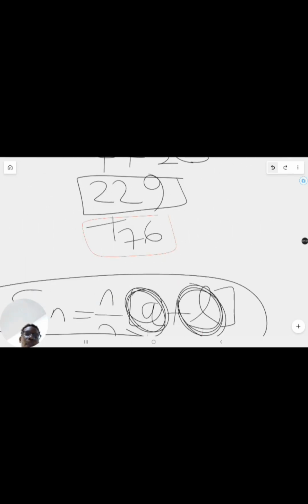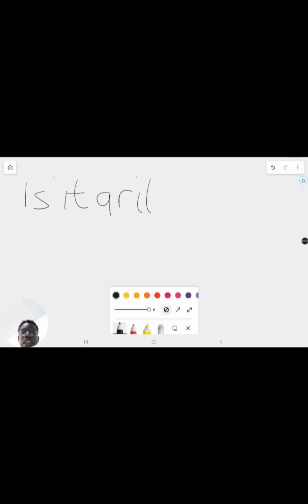Remember, just to recap quickly, the first thing you need to do is establish whether what you're dealing with is indeed arithmetic. Most of the time they will tell you that you're dealing with an arithmetic series or sequence. Sometimes they won't, and they'll leave it up to you to figure out.